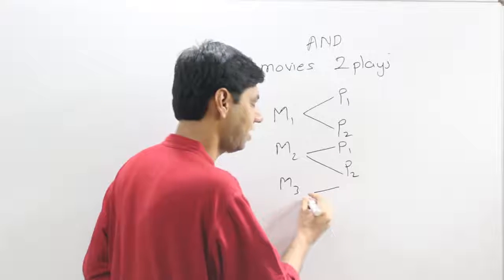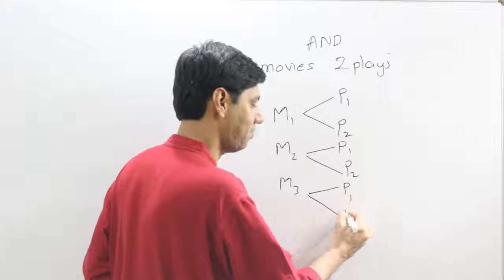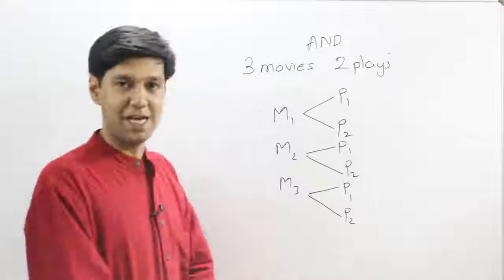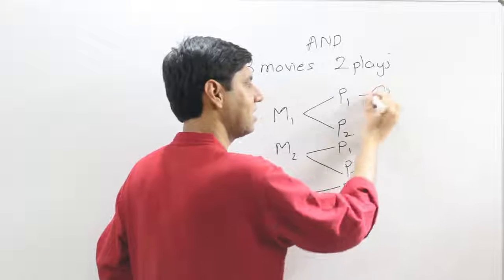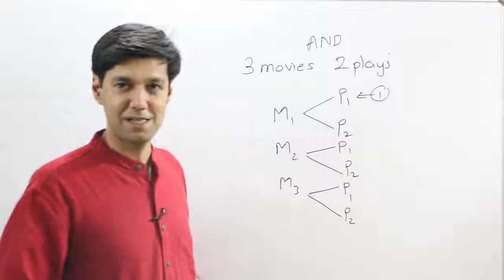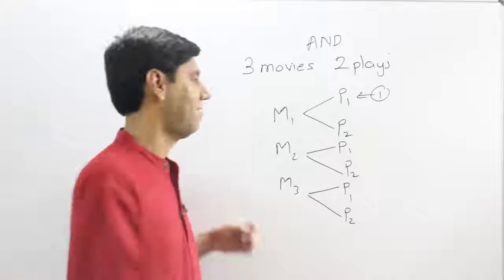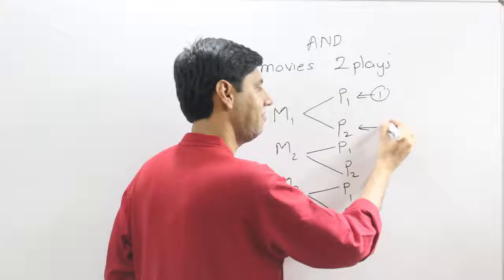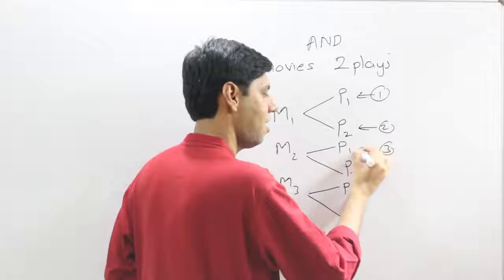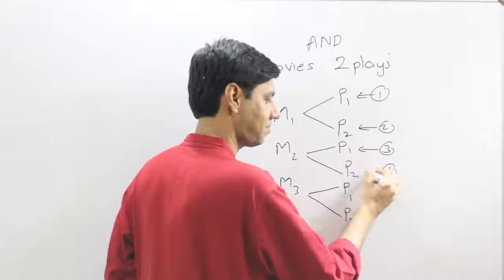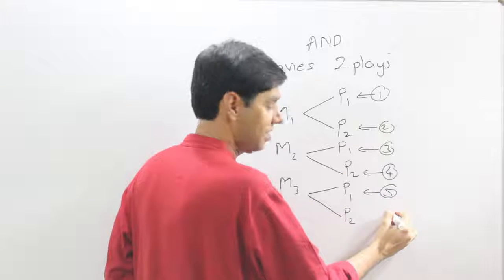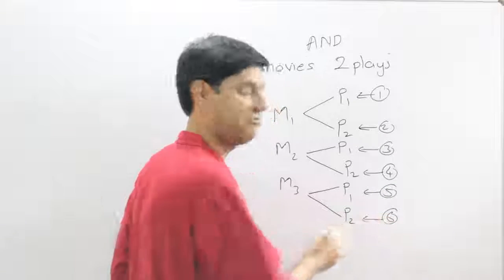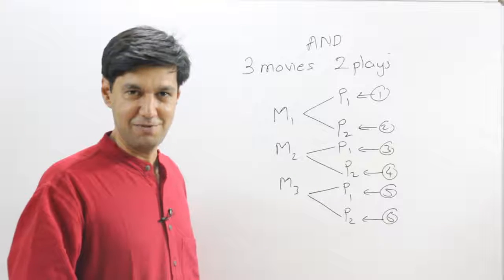Having watched movie 3, I could watch a play 1 or play 2. So if this time I count the number of ways, this is the first way in which I could entertain myself, that is movie M1 and play 1, or a second way, third way, fourth way, fifth and sixth. So this time I have 6 different ways to entertain myself.